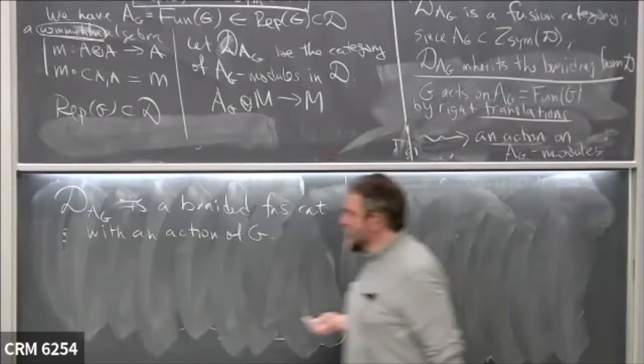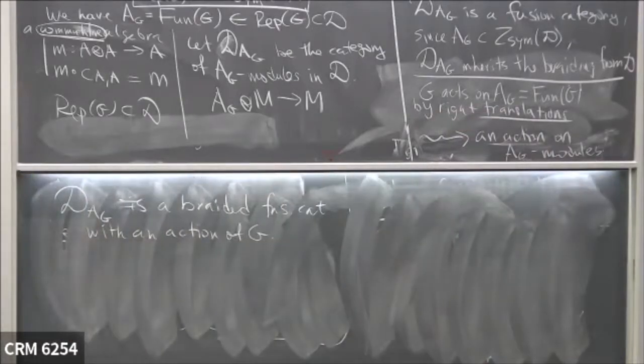Well, that's precisely what we were looking for, right? So we started with a category of this sort, having a Tannakian category rep G inside its symmetric center. And then this de-equivariantization does what? It sends D to this D sub AG.